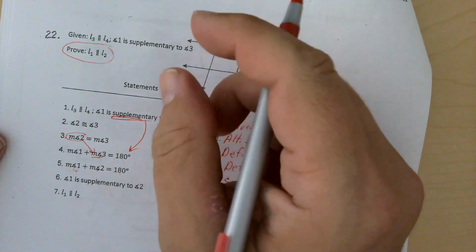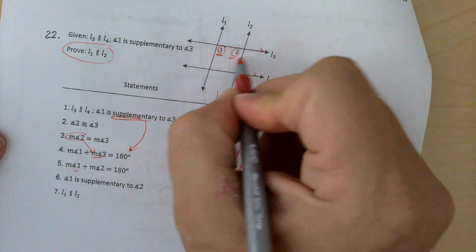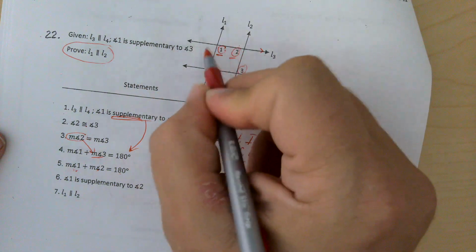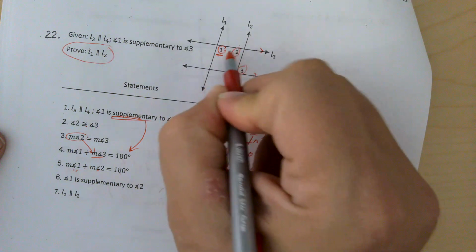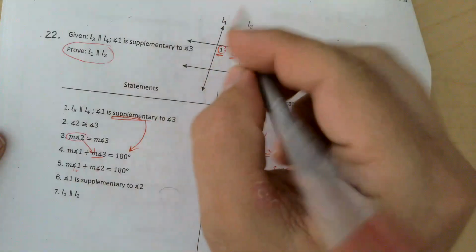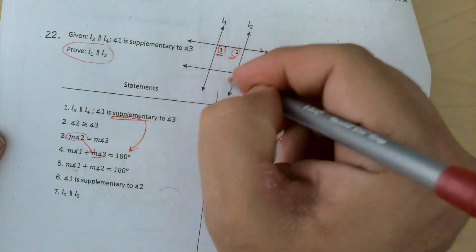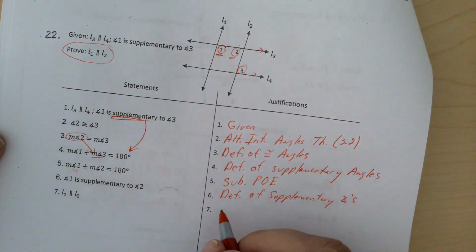And now what you need to realize, as soon as we prove that 1 and 2 are supplementary, we look at our list of theorems in 3.3. We know that these are consecutive interior angles. And if I can show that we have consecutive interior angles that add up to 180, meaning they're supplementary, that forces these two lines to be parallel. So this is from 3-3.